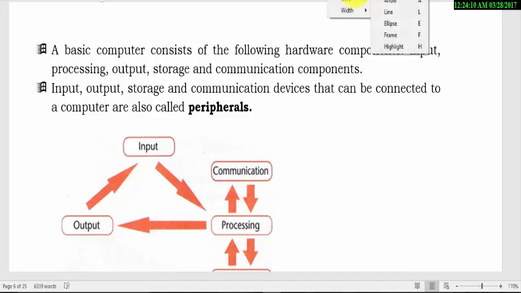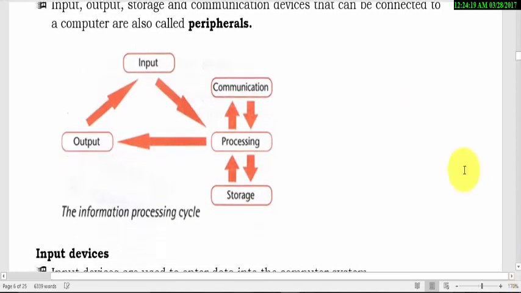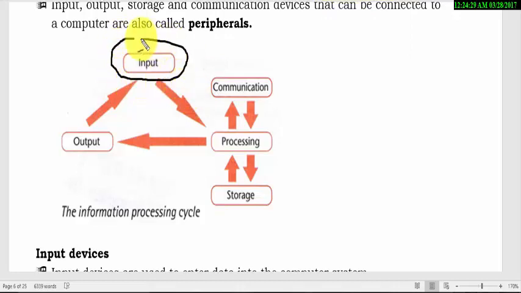We are going to look at the information processing cycle. You need to understand this part better. We have input, entering data into the computer. When you enter data into the computer, that data is going to be processed by the CPU.